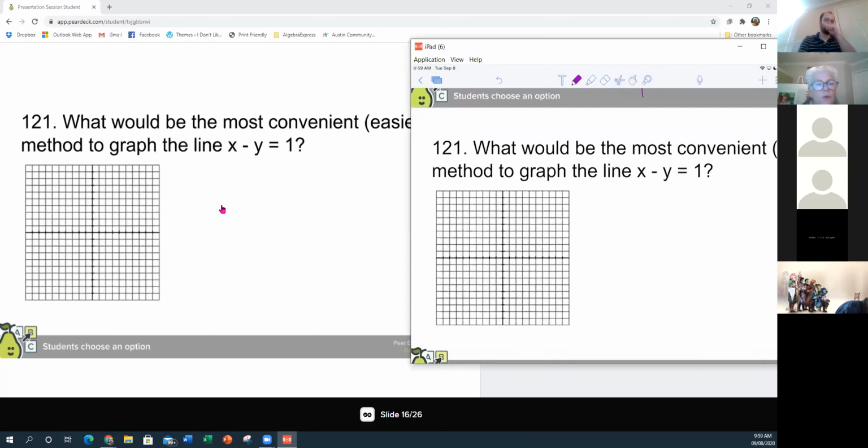Several people said they would use a table and plot points. So would someone who said that tell me how to do that, please?